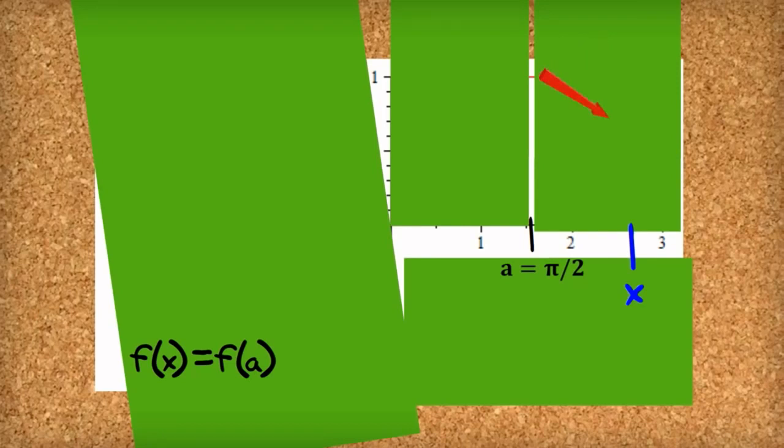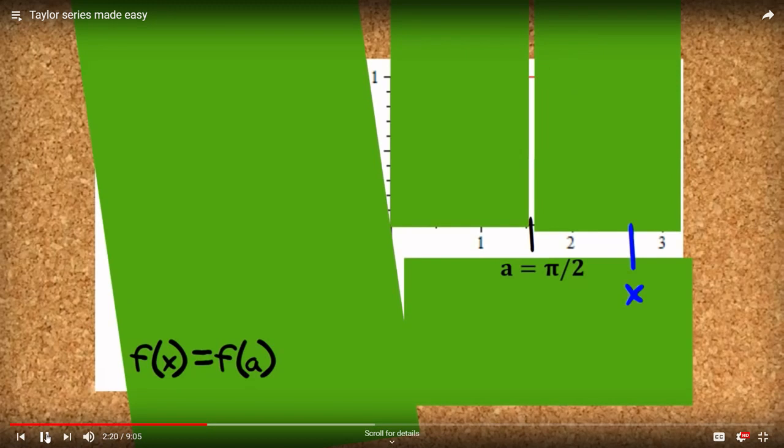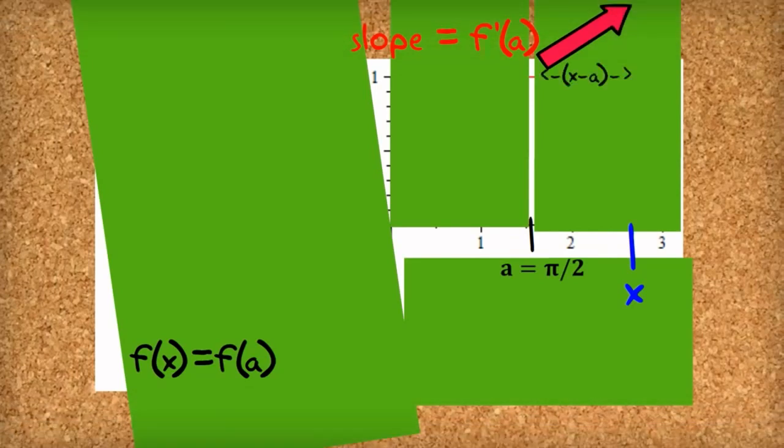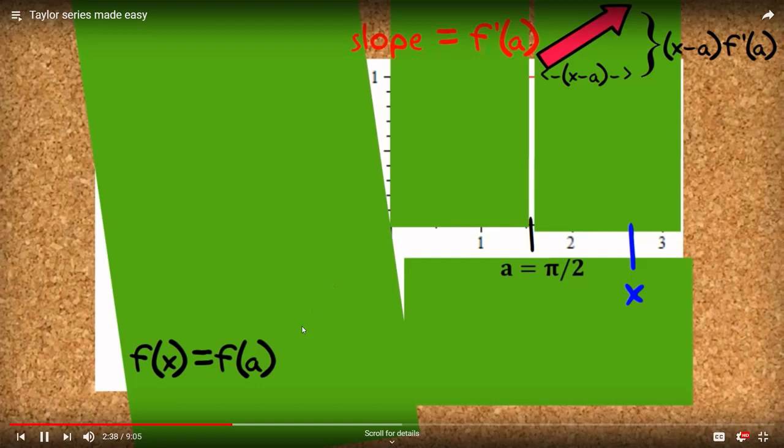The next student says, well, we can actually work this out. We know that the slope is the derivative, f dash at the point a. We know that the run here, this distance here, is x minus a. So we can work out the rise, this little bit here, and that will be x minus a times f dash a.